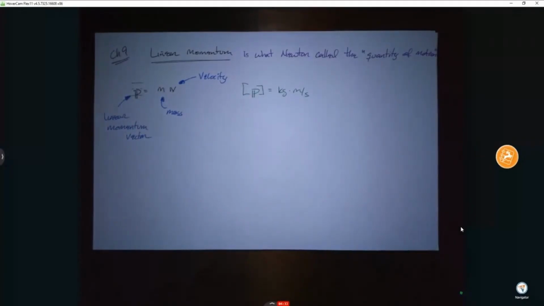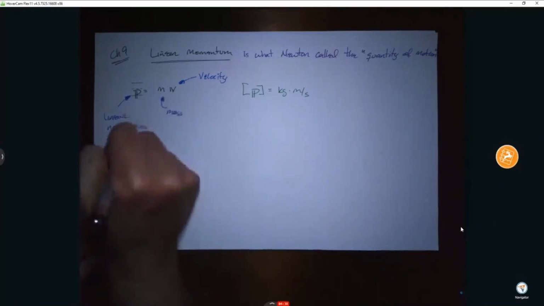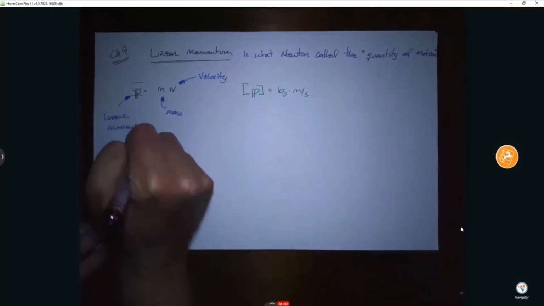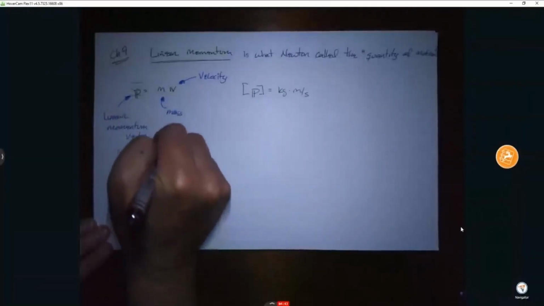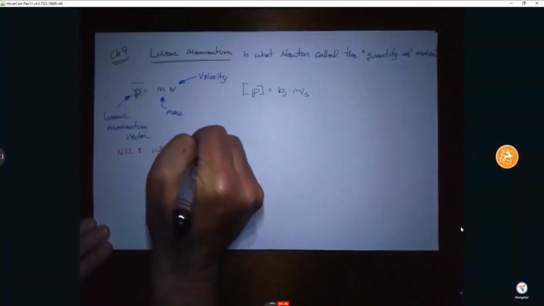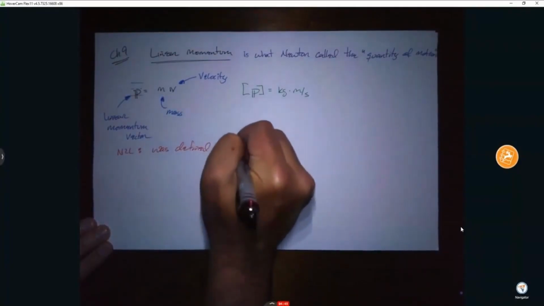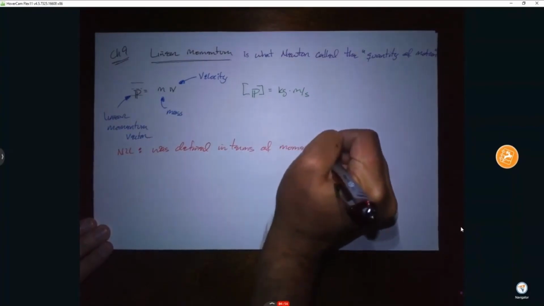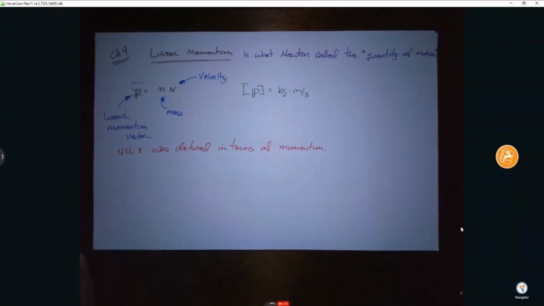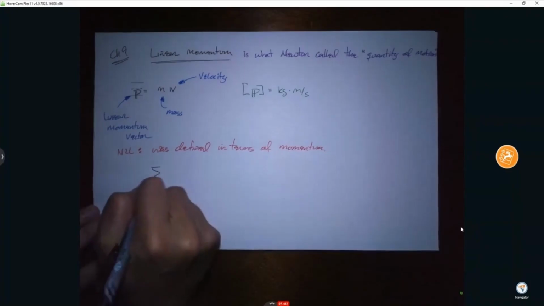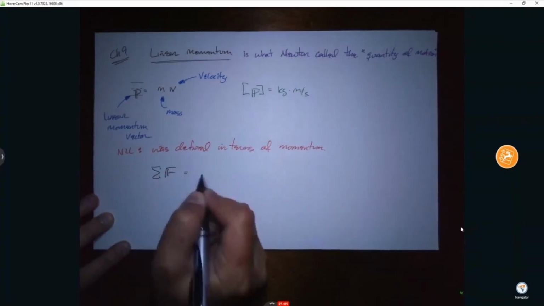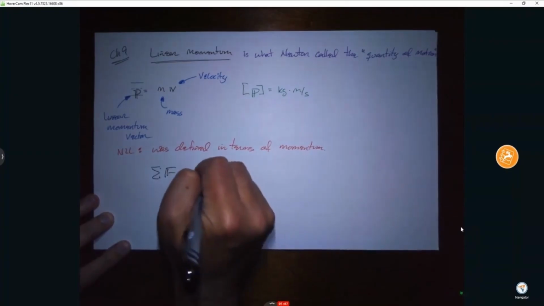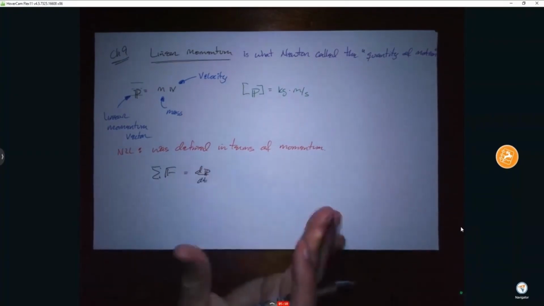And what we'll find is that technically Newton's second law was defined in terms of momentum. The way Newton actually wrote the second law is that the net force is equal to the time derivative of the momentum.